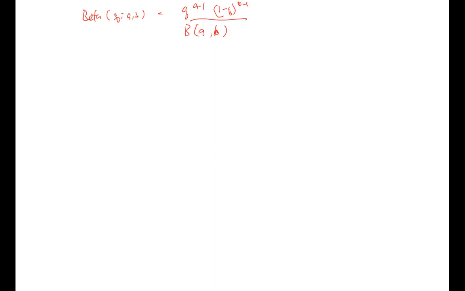So this I will just give as a question and let you think about it. If I want to introduce a non-informative prior, or uniform prior, what should be A and B?